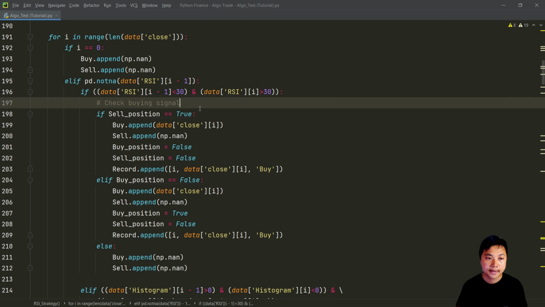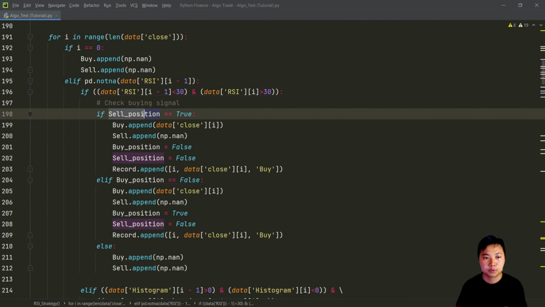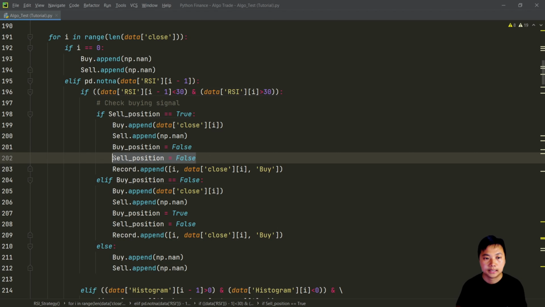We will then check whether or not we have any short selling position. If we have a short selling position, of course, we will just buy the stock and complete this trade. You can see that the sell position here equals true, and we will set it to false after this trade because it completes the entire trade.